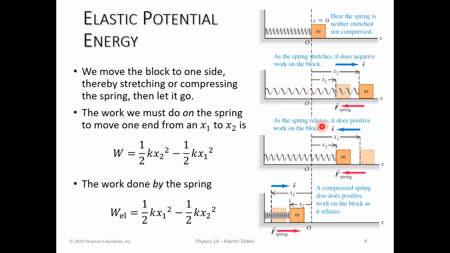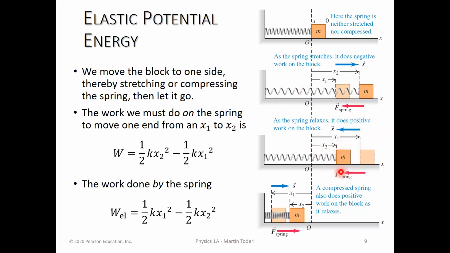So as the spring stretches, it does negative work on the block, right? It's trying to go back to a resting state. It's pulling energy from the system, and as the spring relaxes, it does positive work, right?